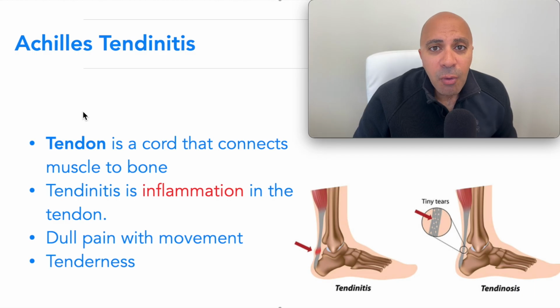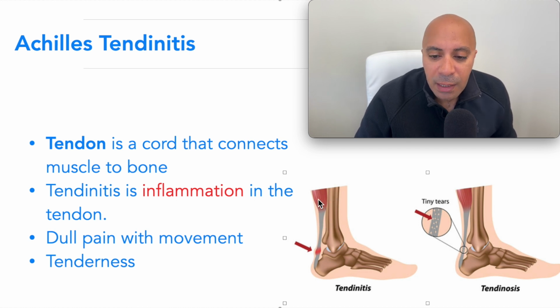Before I go over the signs and symptoms, we need to understand what Achilles tendonitis is. A tendon, by definition, is a cord that connects a muscle to a bone, and you can see it here in this image. This is a muscle, the Achilles muscle, and you have the Achilles tendon.